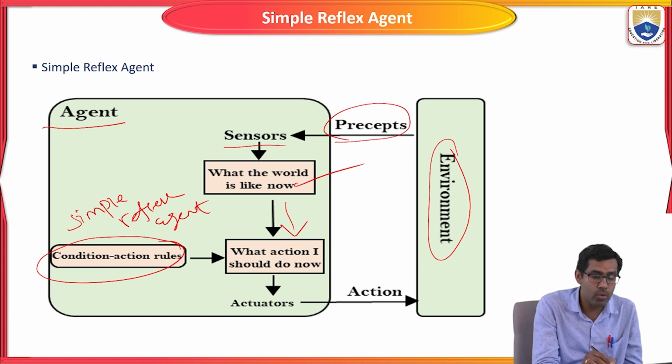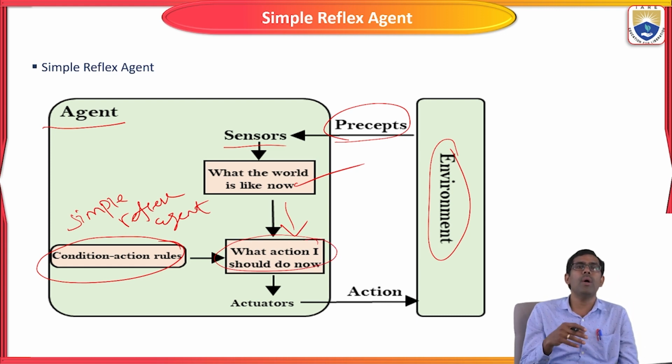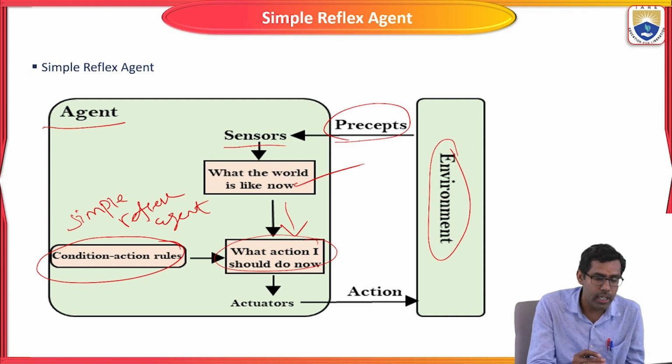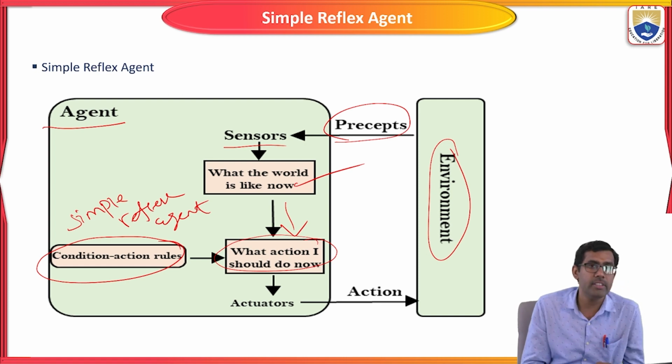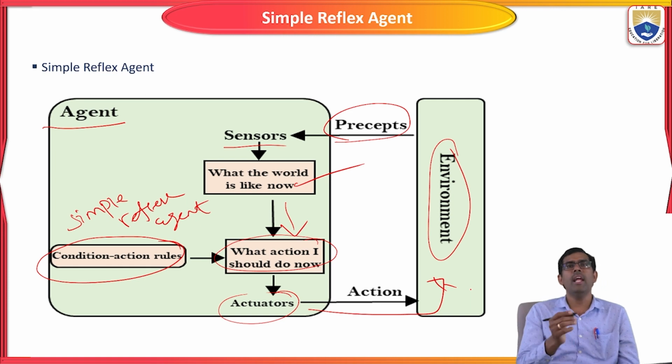So before we take action on the particular environment, we are going to apply some conditions. What actions we are going to take through the actuator on the environment, we are going to apply the simple reflex agent concepts here. Through the actuator, we are going to take some action on the environment, right?